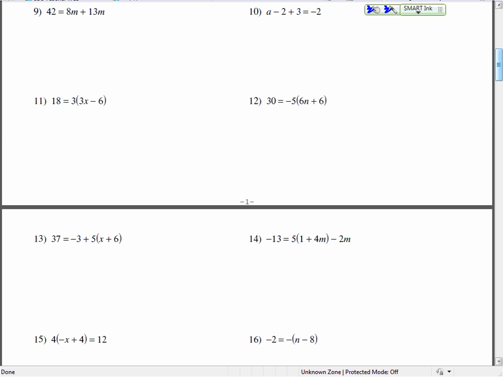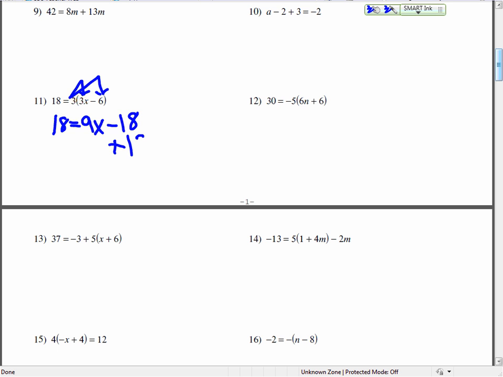He's doing 18 equals 3 times parentheses 3x minus 6. He is completing 18 equals 3 times parentheses 3x minus 6. And look what he's doing. Okay, show me what you're doing there with that 3. You're distributing. That's how we got the 9x. And then 3 times the negative 6. Excellent, sir.